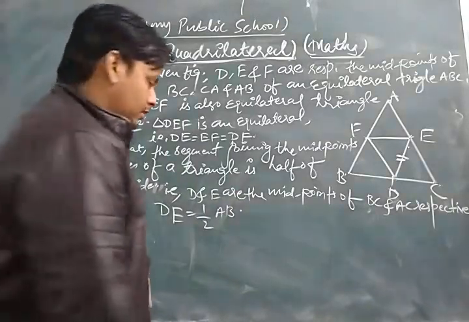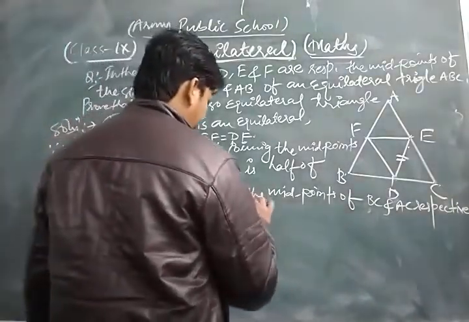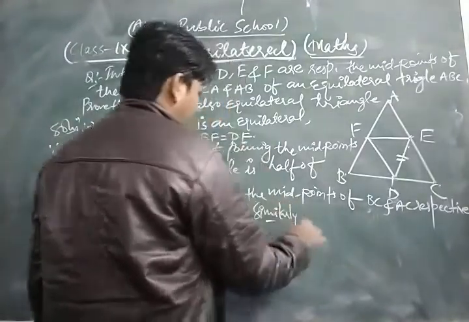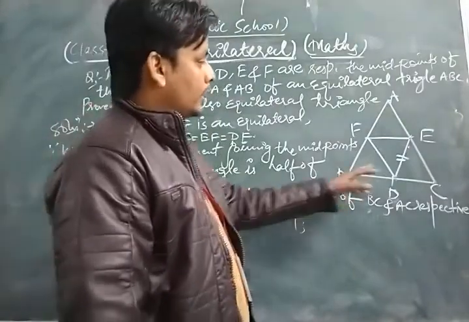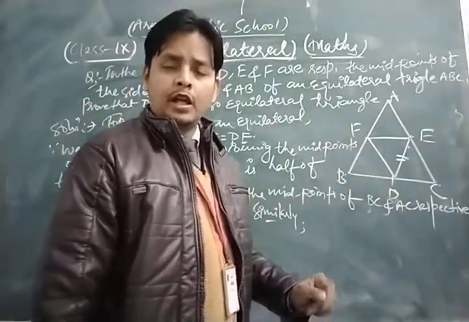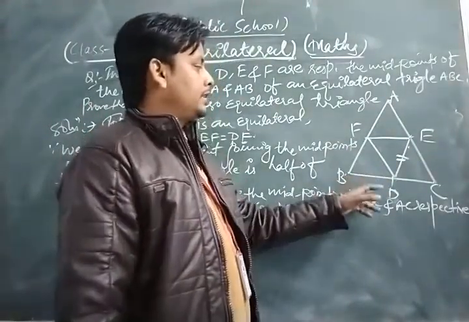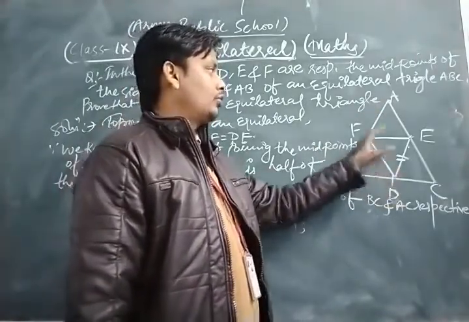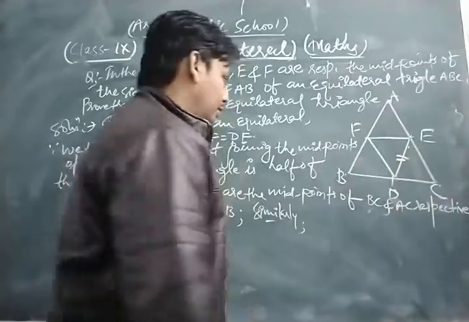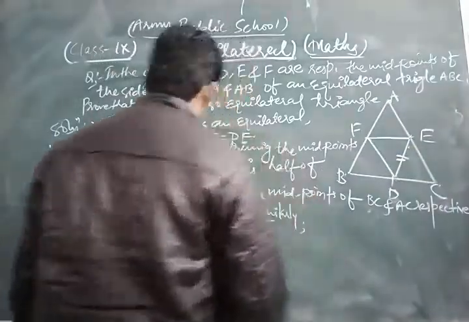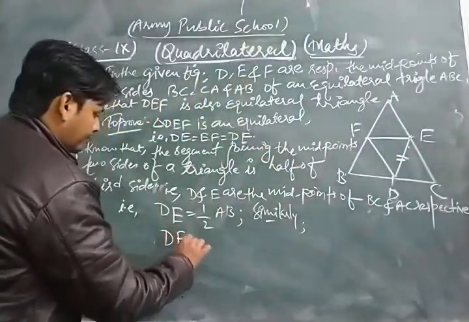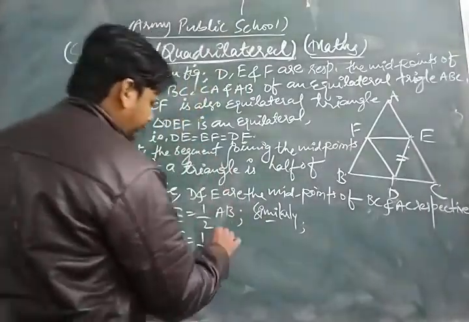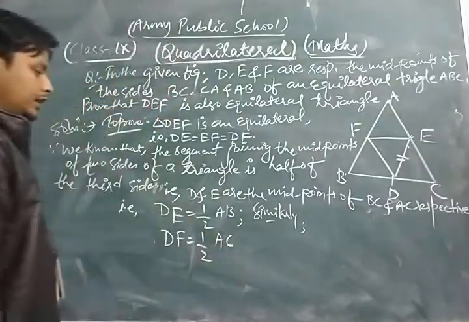Similarly, dear students, D and F are the midpoints of the sides BC and AB respectively, so the line segment DF is equal to half of the third side AC.